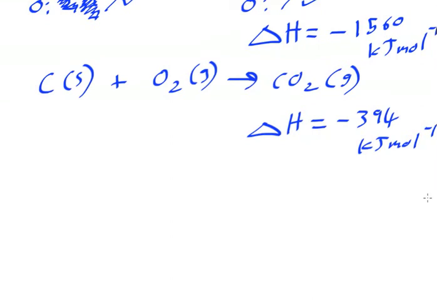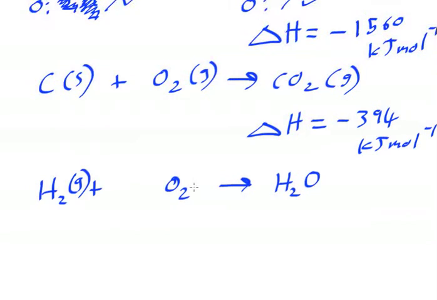And another piece of info I've got is what happens to hydrogen when I burn it. So H2 plus O2 goes to H2O. Let's put in the states there. And what else do we need? We need a delta H. But in fact, before we put that in, let's just balance this.